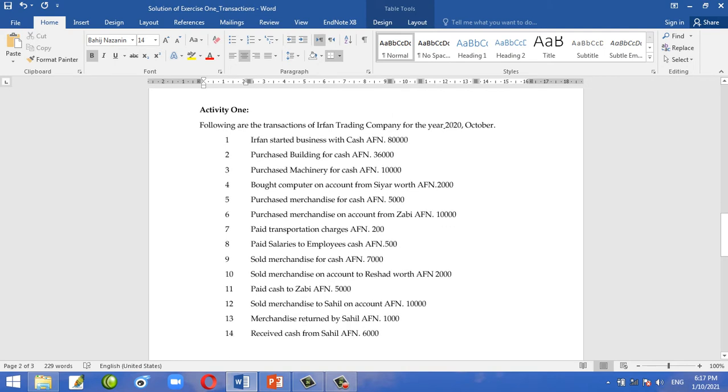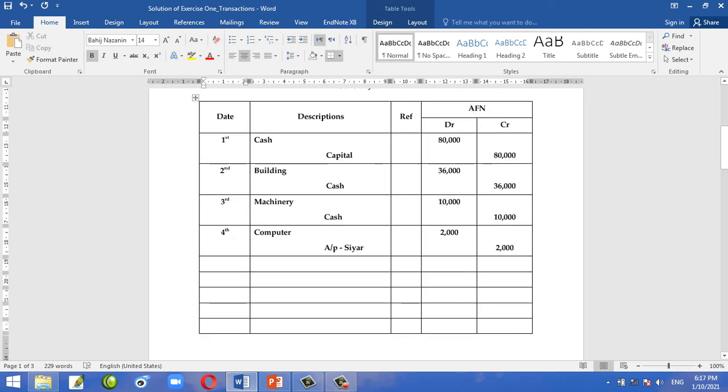Purchase merchandise for cash, Afghanis 5,000. Now we can write this one: on 5th of October we have purchased the merchandise. Merchandise are those things that we purchase for resale purposes.